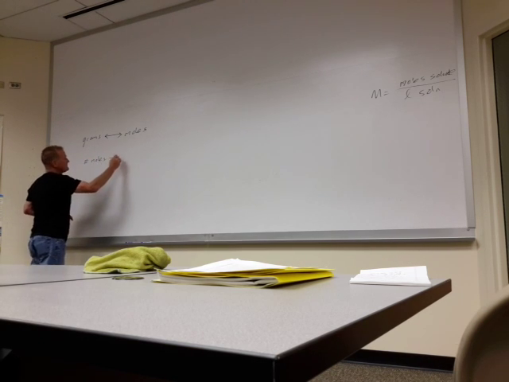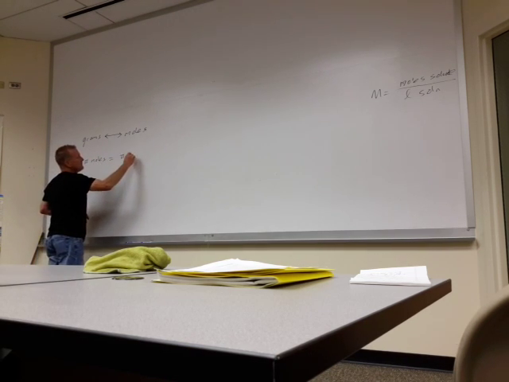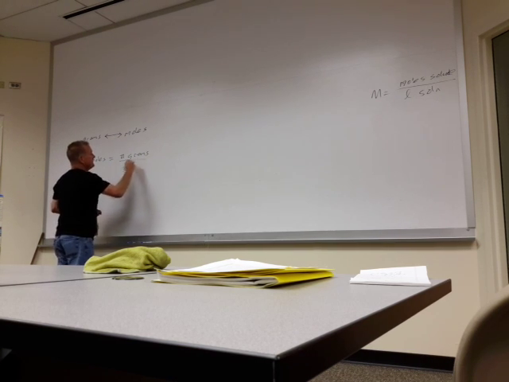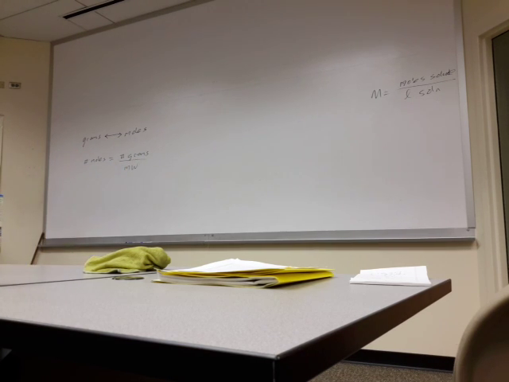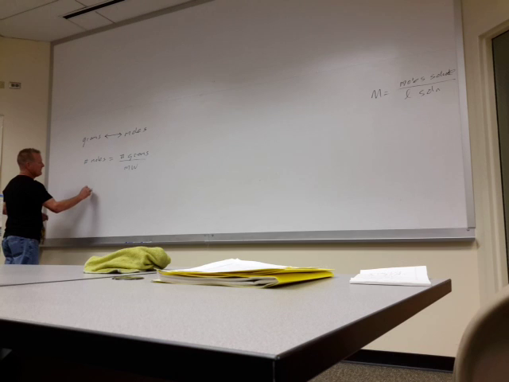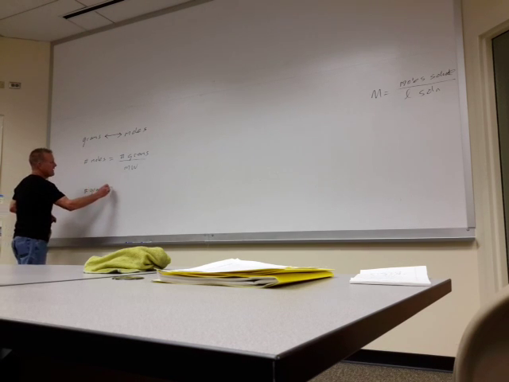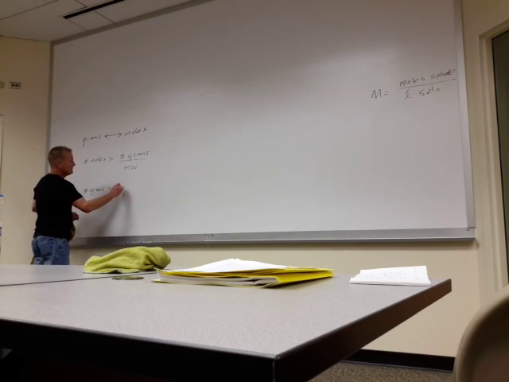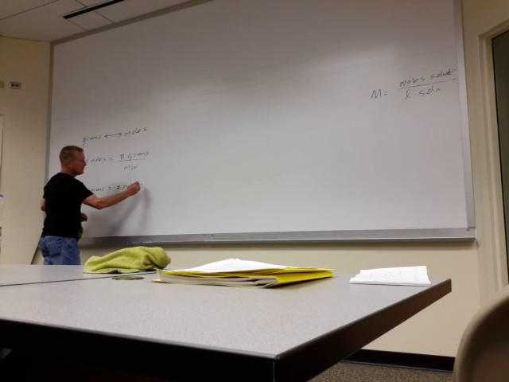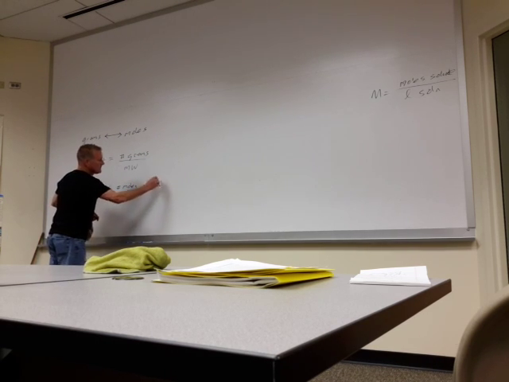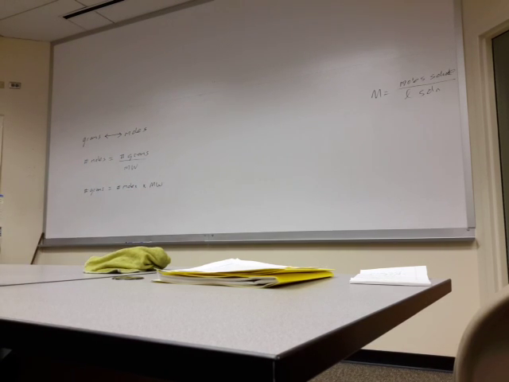The number of moles equals the number of grams divided by the molecular weight. Or the number of grams equals the number of moles times the molecular weight.